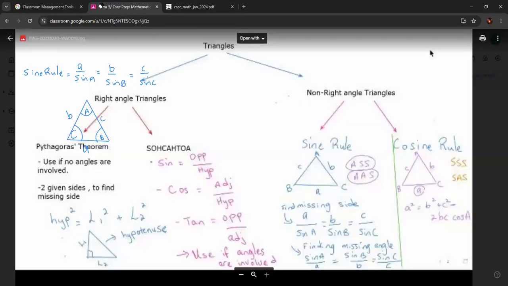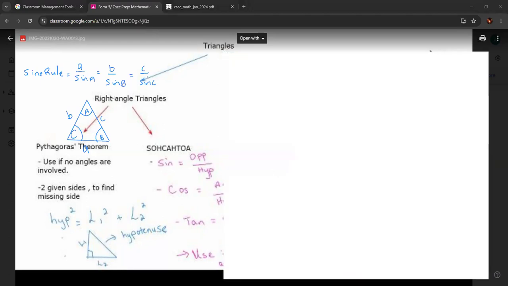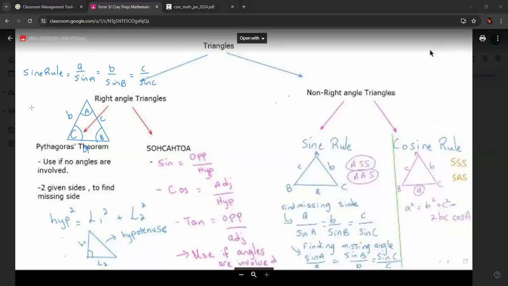Now, let's say we were asked to use the sine rule. They don't come out and tell you to use the sine rule. We use the sine rule when we are given an angle and two sides, or if you're given two angles and a side.